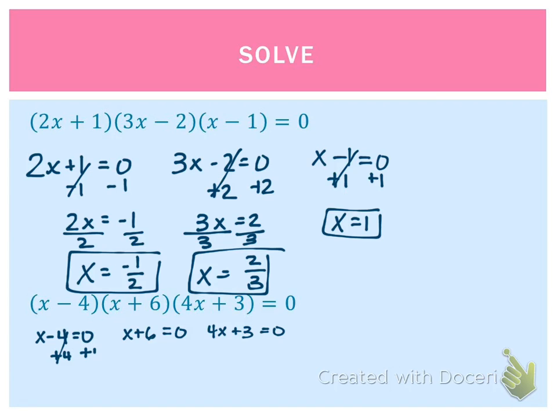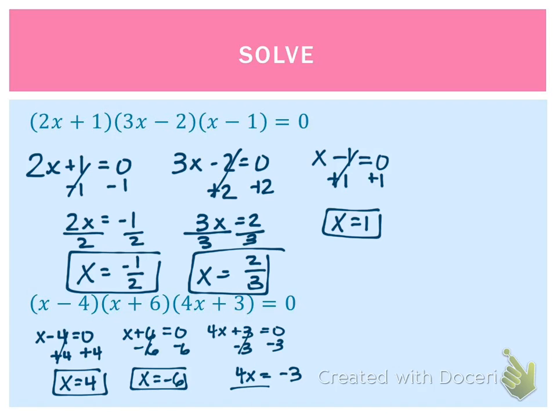So I add 4, x equals positive 4, subtract 6, x equals negative 6, then subtract 3, 4x equals negative 3, divide by 4, and I get x is equal to negative 3/4.